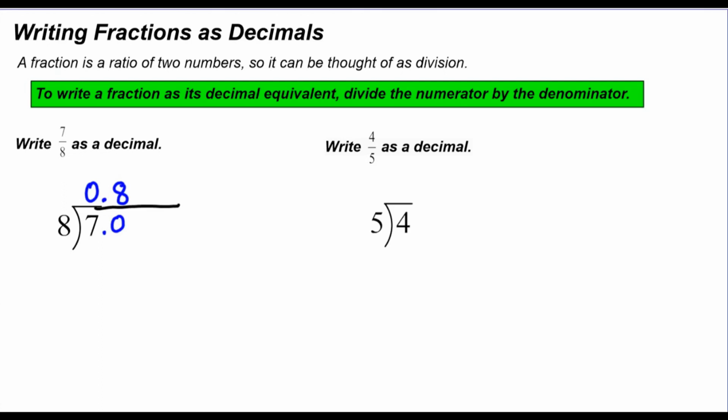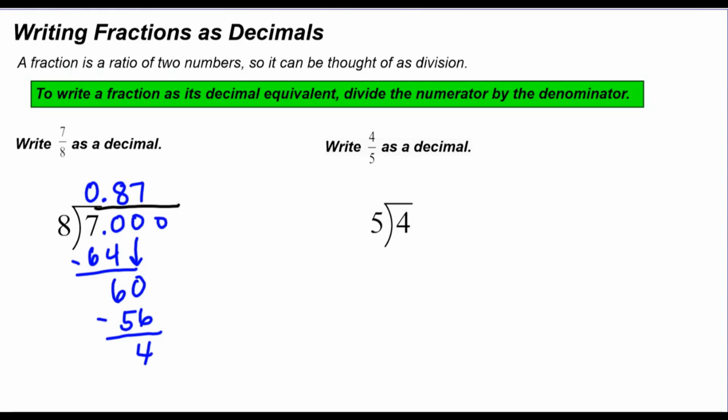So 8 times 8 is 64. And then I would find out what I have left over, and that's 6. So we still have to keep dividing if I get a remainder of something other than 0. So now I'm going to drop another 0 here. 8 goes into 60 7 times. 7 times 8 is 56. And then find my remainder, which is 4. I still have a remainder other than 0, so I've got to keep dividing.